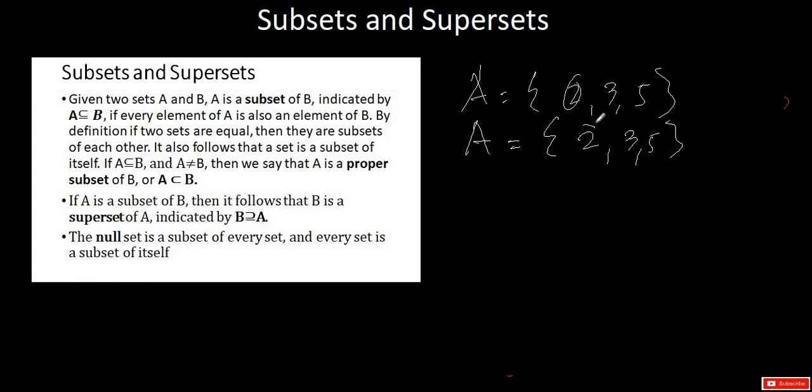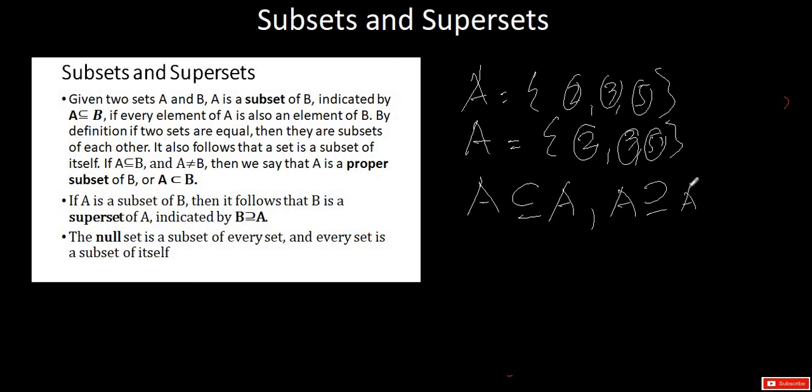So 2 is in itself, 3 is in itself, 5 is in itself in set A. So therefore A here is a subset of A. And it follows that A is, when we read from right to left, a superset of A. So in general, a set is a subset of itself.